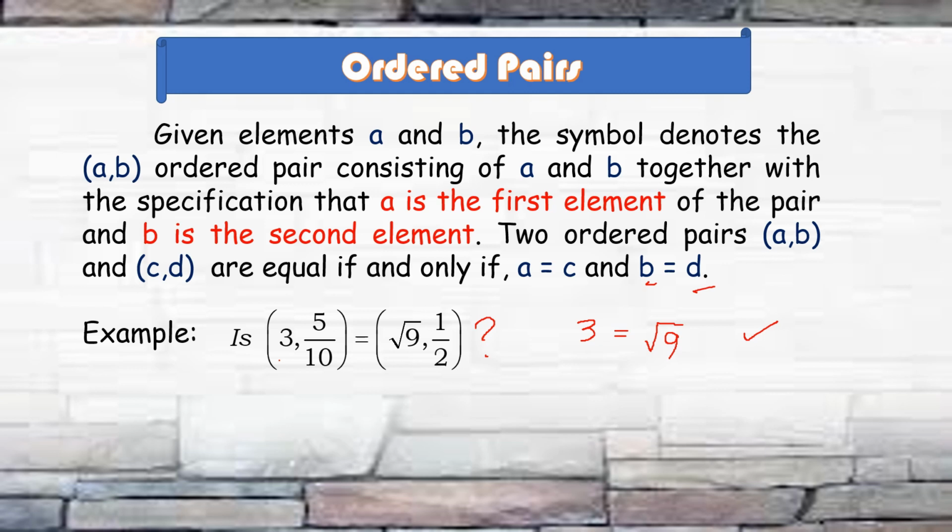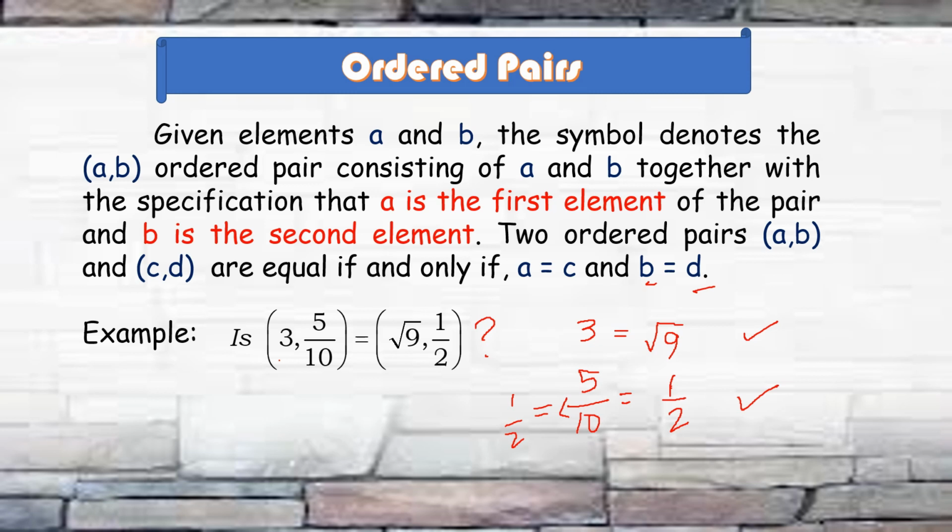How about the 5 over 10? Is it equal to 1/2? Yes, this is equal because the lowest terms of 5 over 10 is also 1/2. Diba? Yan yung lowest term niya. Pag pinababa mo, parang ganon.